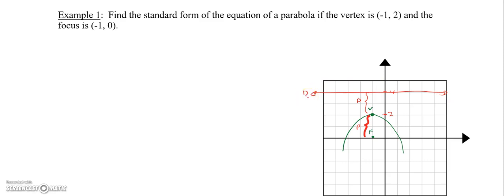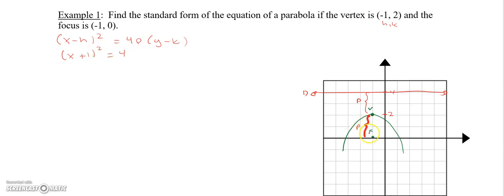Okay, because I know that it opens downward, I'm going to be using the up-down equation. And the up-down equation is x minus h squared equals 4p times y minus k. So in this case, I have my vertex, so I have my h and my k, so I can plug those in. X is my variable. Minus a negative 1 becomes a plus 1 equals 4.